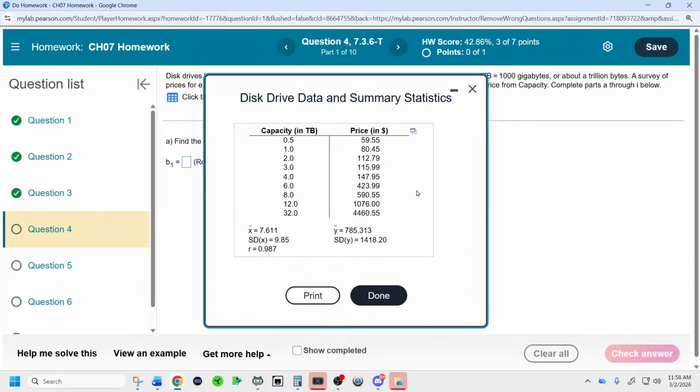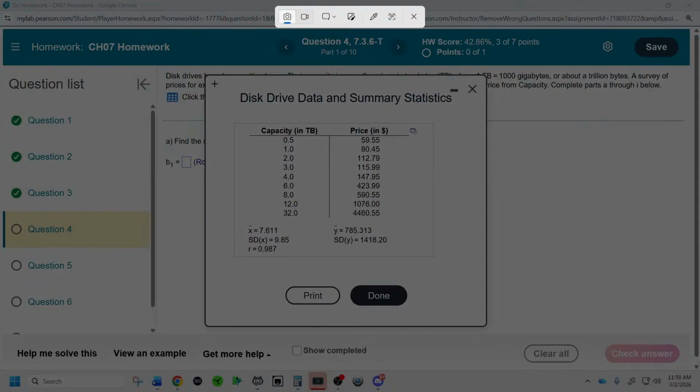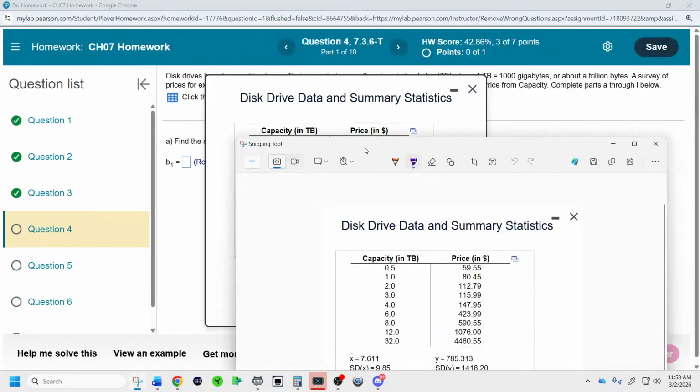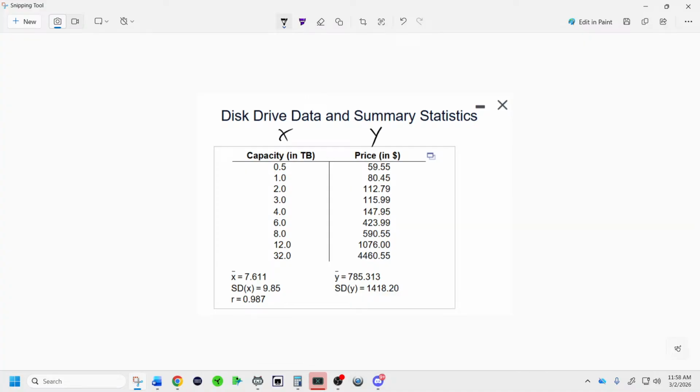Okay, so what they're giving us is the data. Let's look at everything. We should know what all these things are. You ready? So here is the info on x, the x values, the y values.